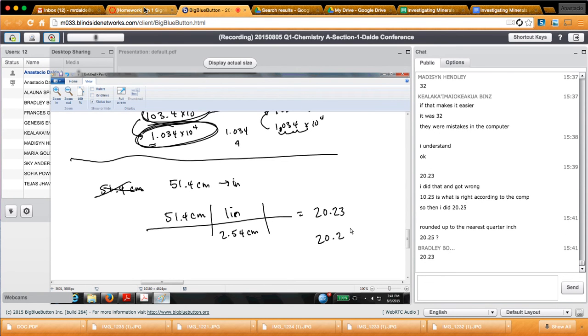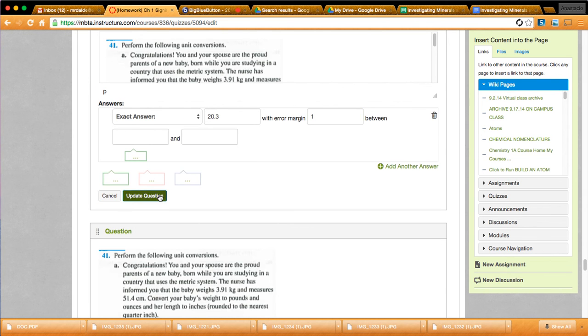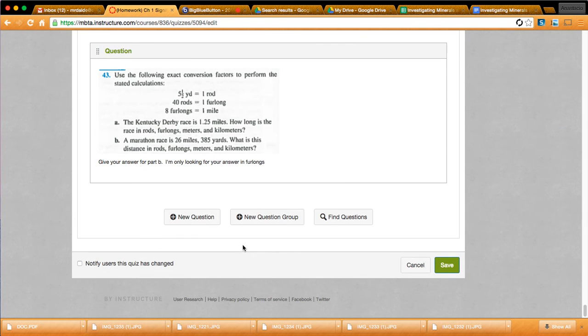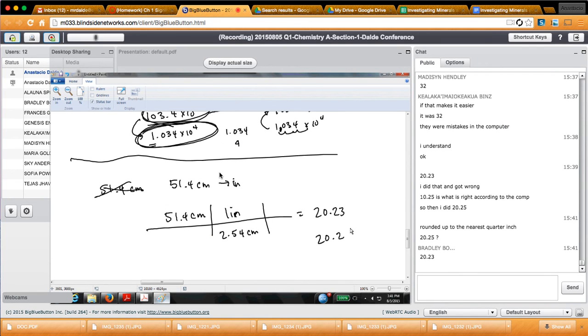All right, so I would tell you that the answer is 20.3. Let's give you a little margin of error, though. The reason why you were getting that problem wrong is because I put in the wrong answer. I said it was 10.25, and that was a typo. My finger probably pressed the 1 instead of the 2. My bad.